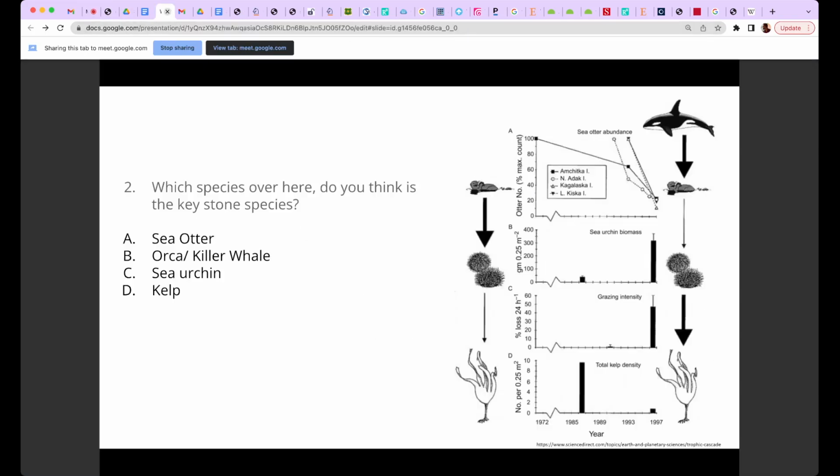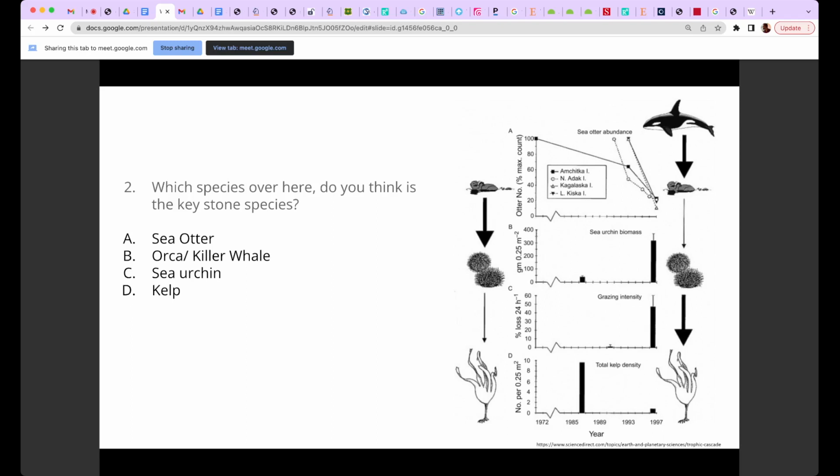And thus the kelp density, you can see from 1987 to 1997, reduced drastically from 10 to 1, again 10 times less.